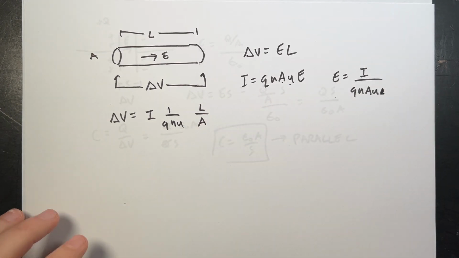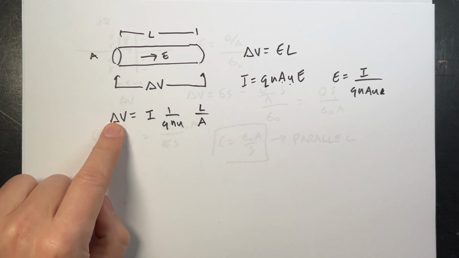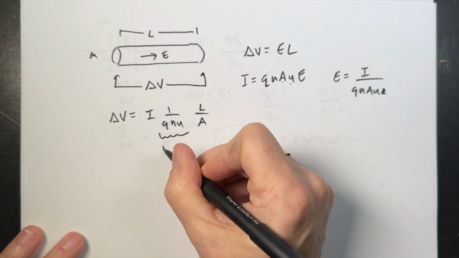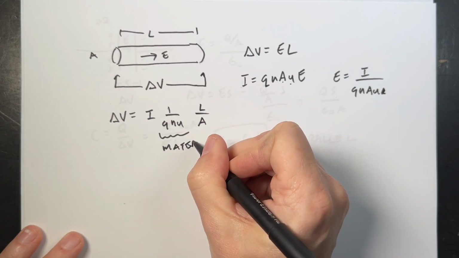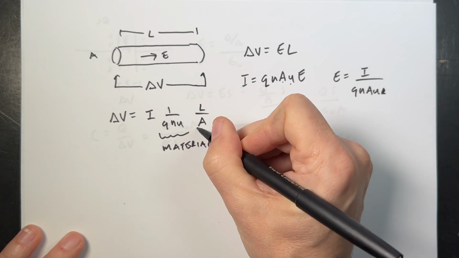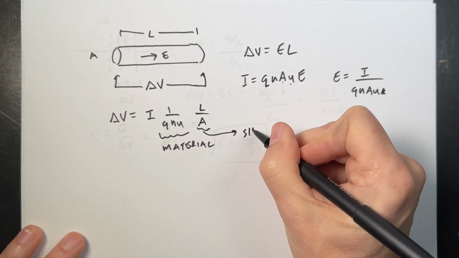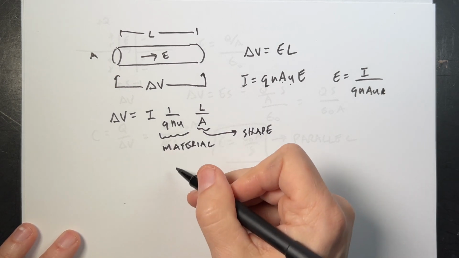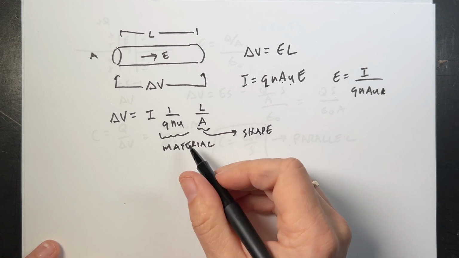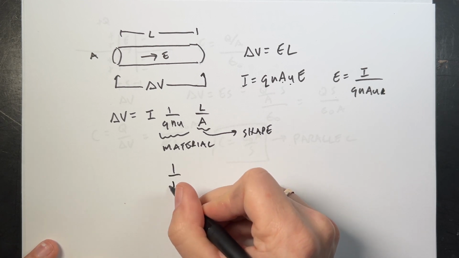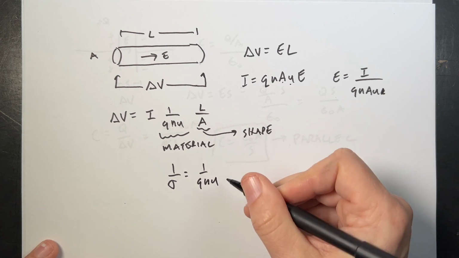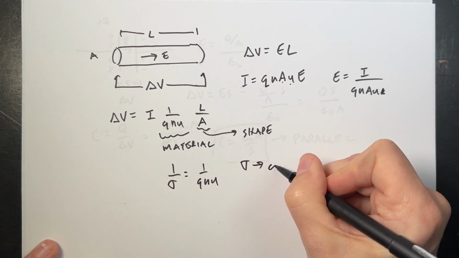And so what I did here is to say the change of potential across the wire depends on the current. This stuff depends on the material, and this stuff depends on the shape. We can write the material property as 1 over sigma, which is 1 over Q n u, and sigma is the conductivity.